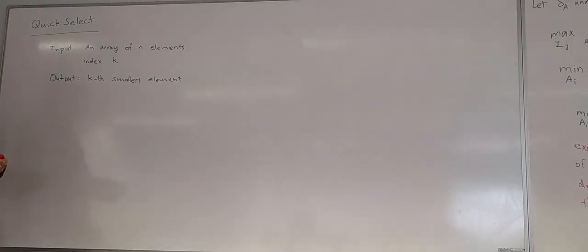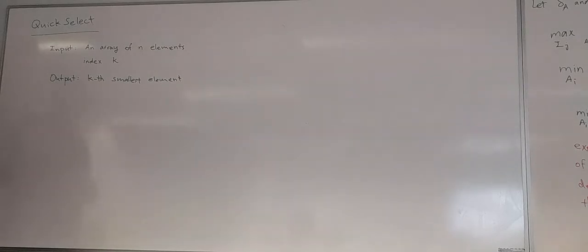And that would give you an algorithm with a runtime of O(n times k). But the problem is when this number k is not so small. So if k is, for example, n divided by 2, if I want the median element, then these kinds of algorithms would actually give us quadratic time, which is bad.